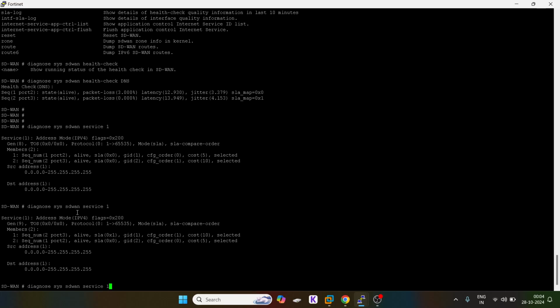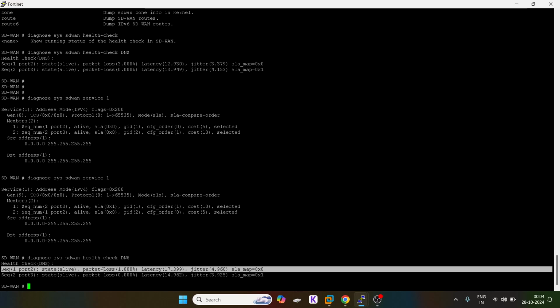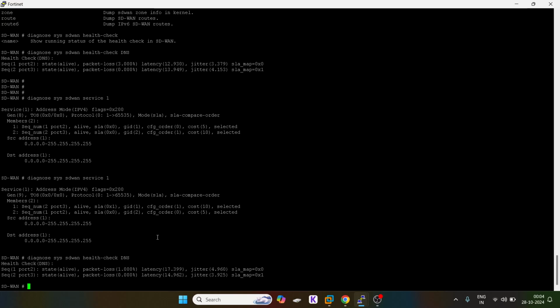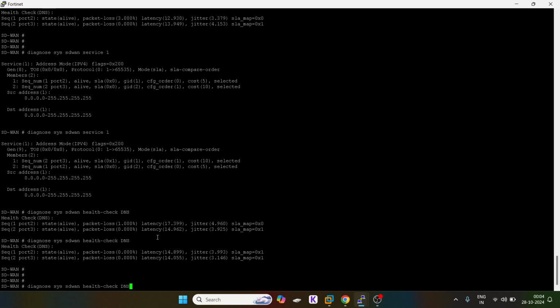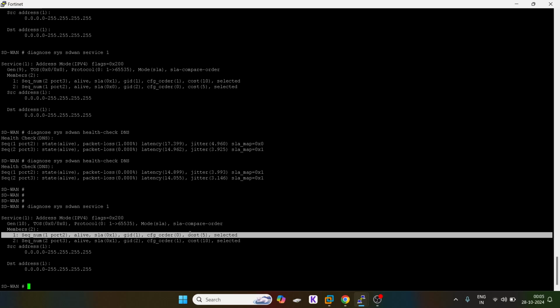You can see there is some packet loss. The nature is dynamic: sometimes the port 2 link has packet loss, sometimes the port 3 link has packet loss. Now both links are not having packet loss. So the traffic via port 2 will be preferred, because that has the low cost 5.